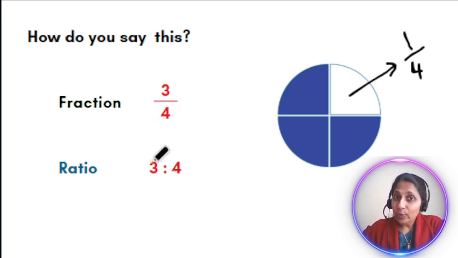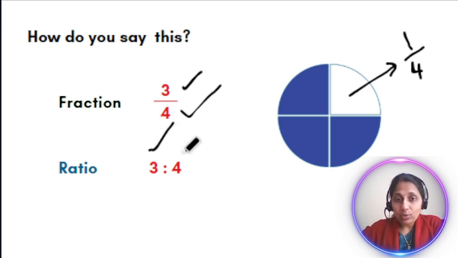What does this fraction denote? We have taken 3 parts out of a total of 4 parts. In the same way, a ratio of 3:4 also seems to say we have taken 3 out of 4 total parts. So we usually tend to believe that both fractions as well as ratios are the same.